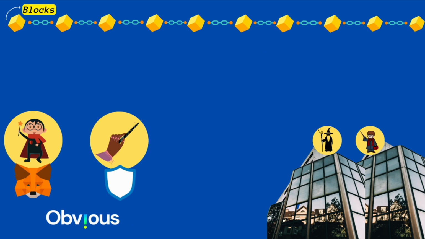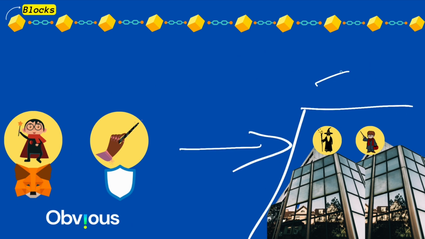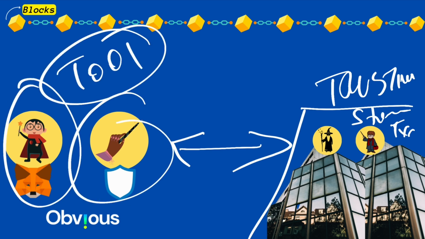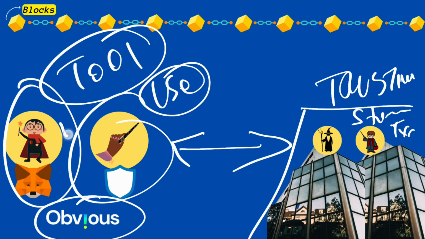Now, if that was complicated, simply put, an exchange is someone whom you are trusting to store your assets and transact on behalf of you. A wallet is a tool which you use to store and access crypto yourself. So now there could be Metamask, Trust Wallet, new age wallets like Obvious. You can use all of them, and there is some difference between all three of these.